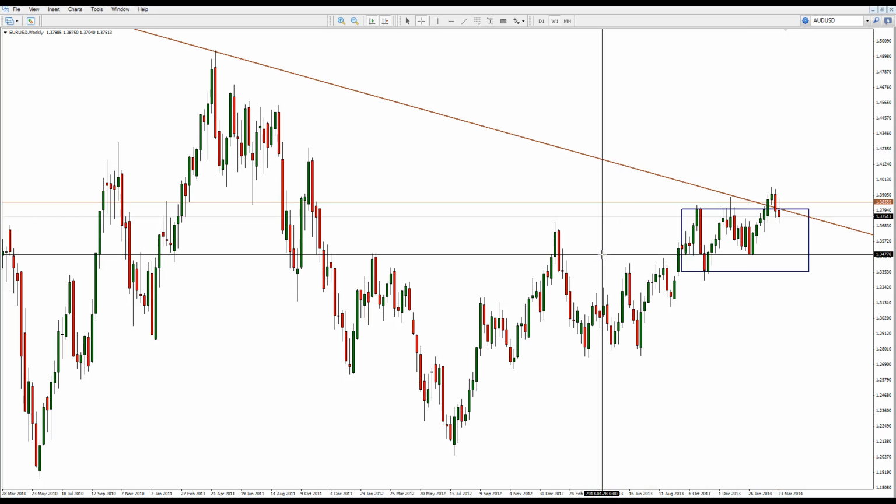I can see very easily how important this 134.80 is.